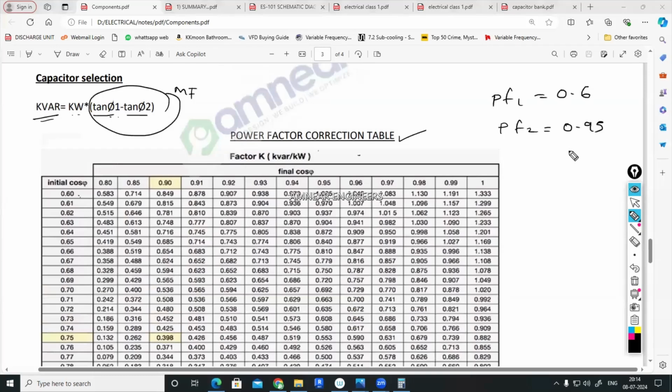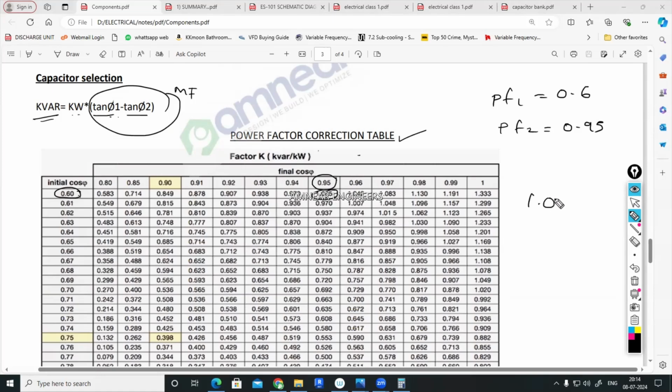So how much is my multiplying factor, or tan phi 1 minus tan phi 2? For 0.6 initial power factor, look through this first column, then go through this first row, final power factor 0.95. 1.005. This is our multiplying factor.